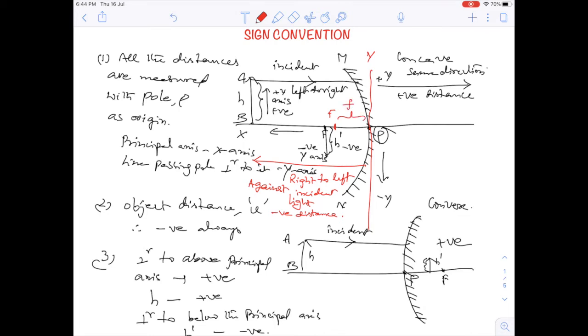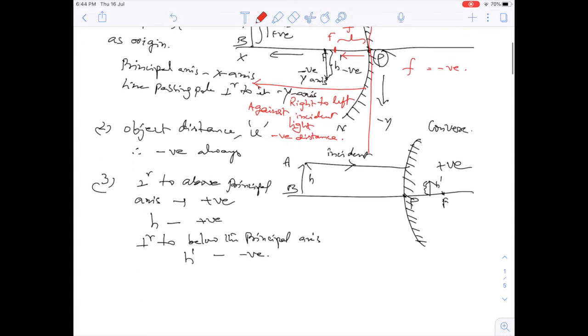But it is to the left, therefore f is negative for a concave mirror. Whereas for a convex mirror, from the pole to the focus is f, which is measured to the right from the pole. So, it is positive. Therefore, f is positive.